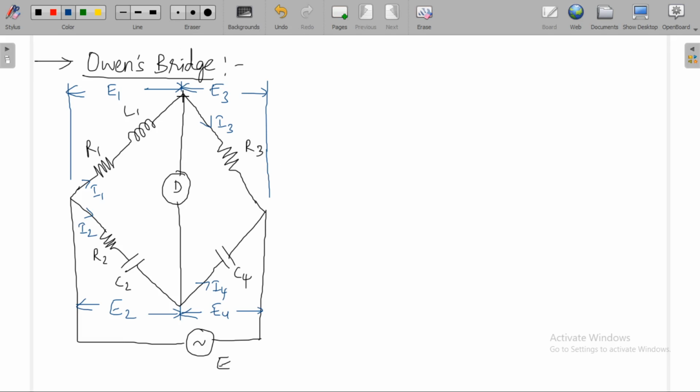The bridge is said to be balanced when no current is flowing through this detector. Under balanced conditions, Z1 Z4 is equal to Z2 Z3.